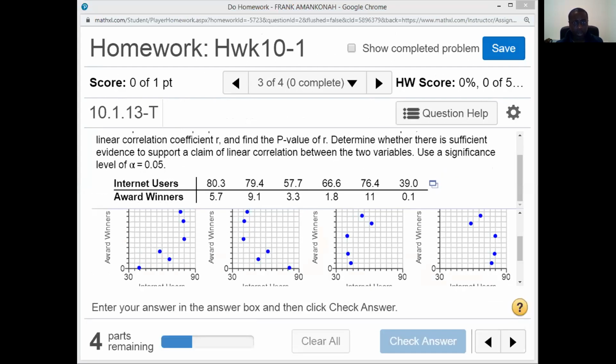So let's start with question 3 that we started.